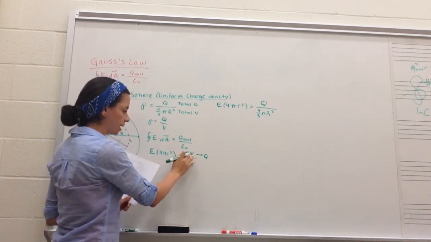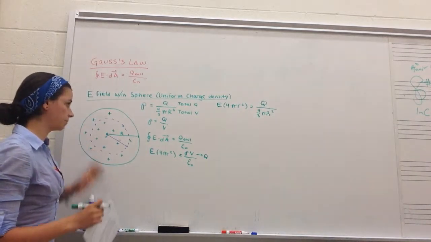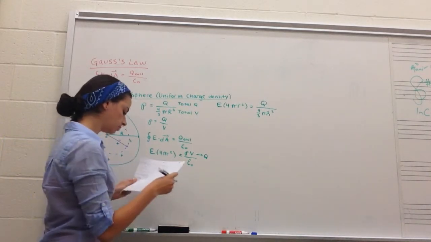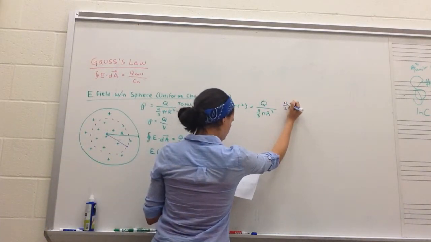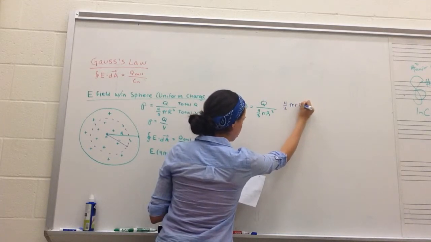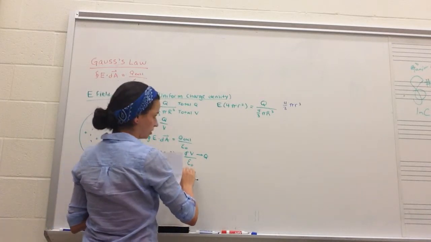And then since here we have it times the volume, that's just the volume that you're enclosing. So that's going to be times 4/3 pi little r cubed. And then, just like from the original equation, that's going to be epsilon naught.